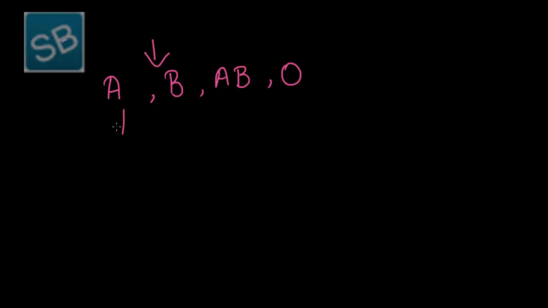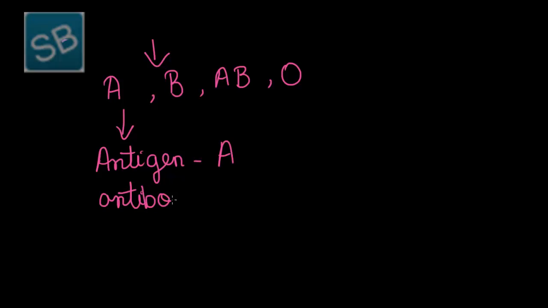Thus, A contains antigen A and antibody small b. These antigens are present within the RBCs while the antibody is present within the blood plasma.